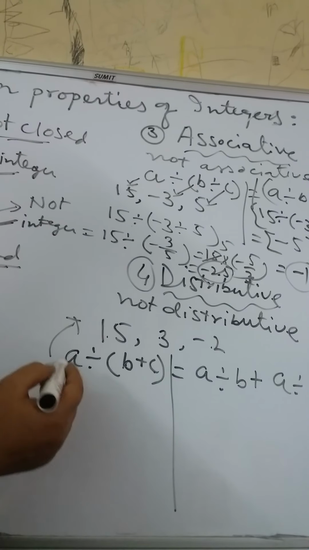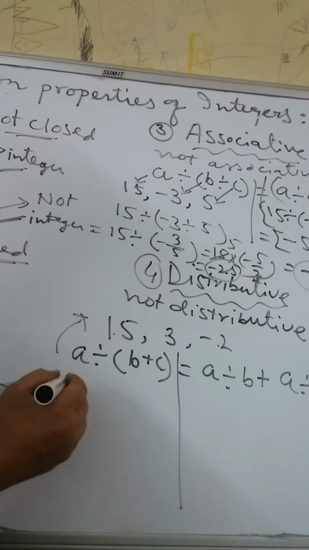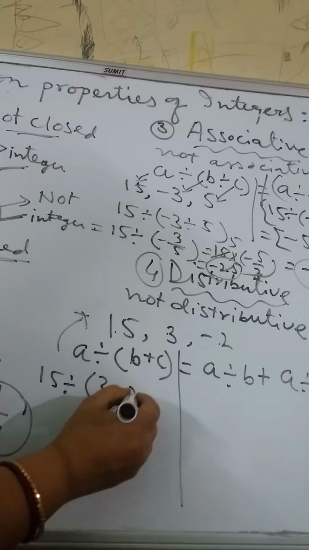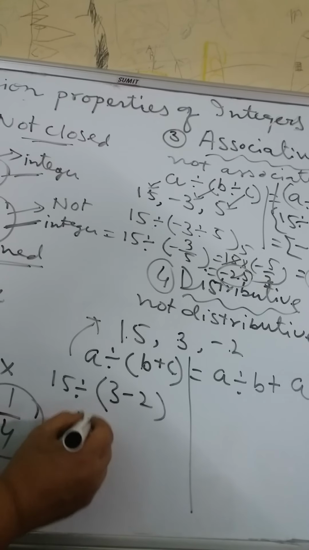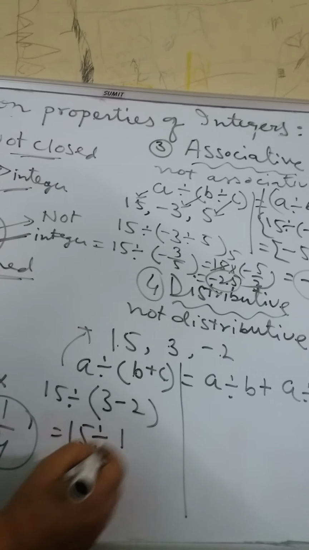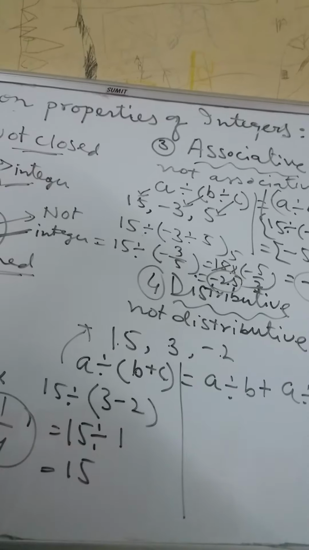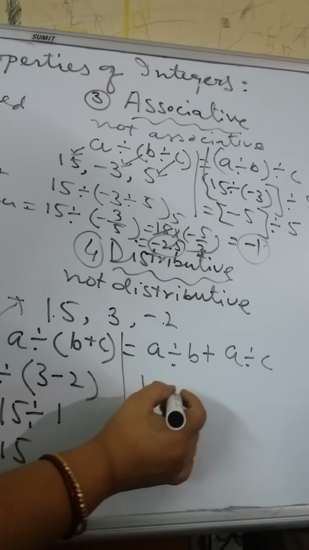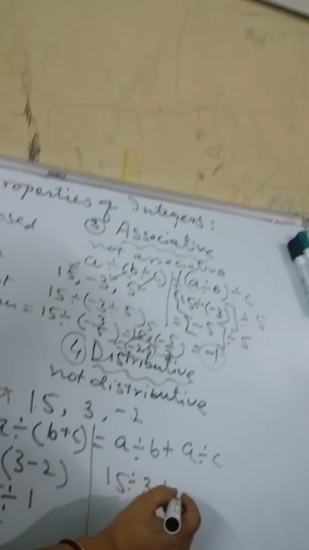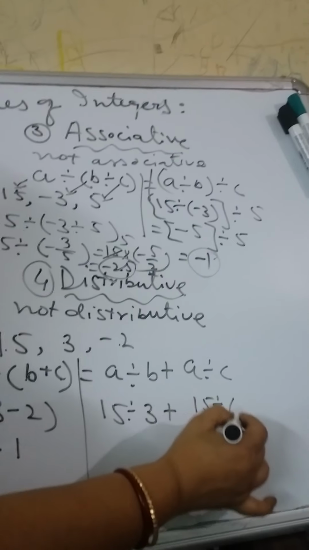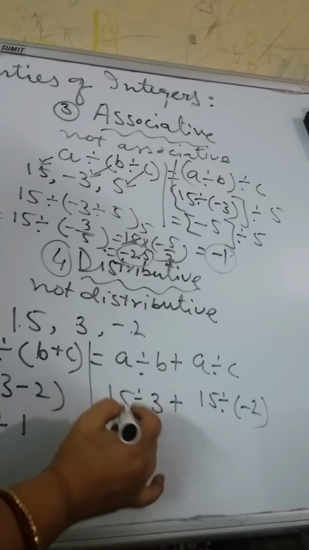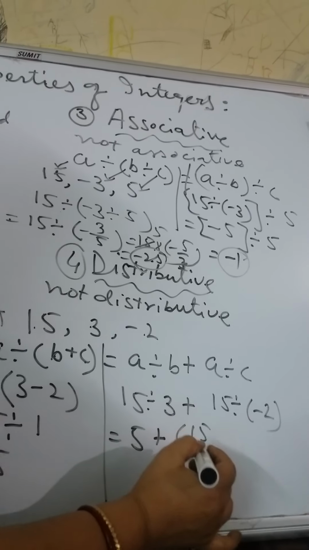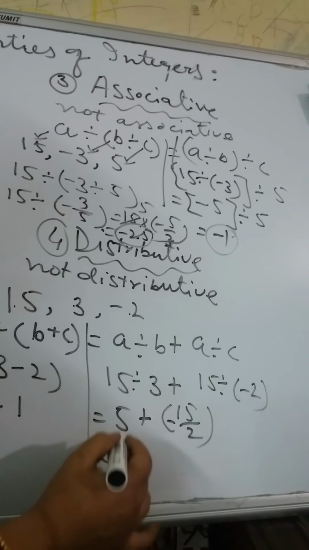So your left hand side will be 15 divided by (b plus c), which is 15 divided by 1. Answer is 15. Now right hand side equals 15 divided by 3 plus 15 divided by -2. So it will be 5 plus -15 by 2.